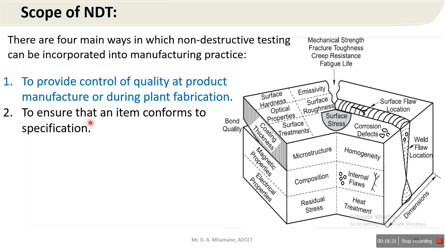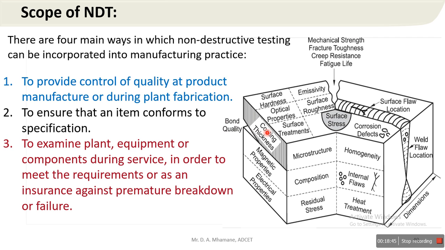So it is related to dimensional measurements, or we can say coating thickness, bond quality. Third one, to examine plant equipment or components during service in order to meet the requirements, or as insurance against premature breakdown or failure.